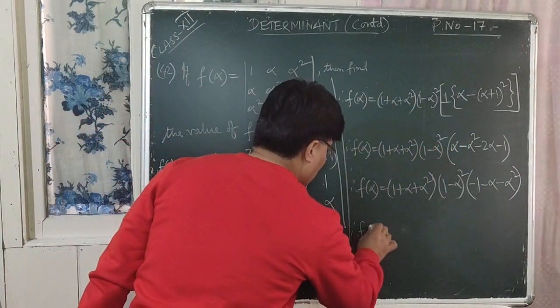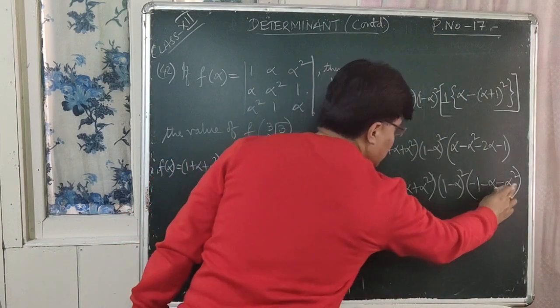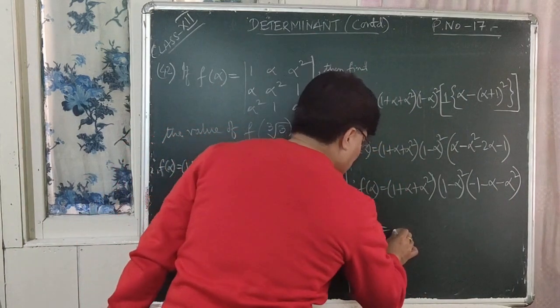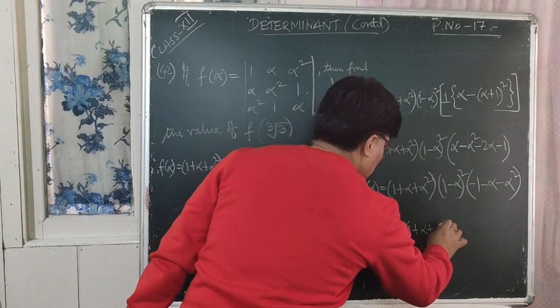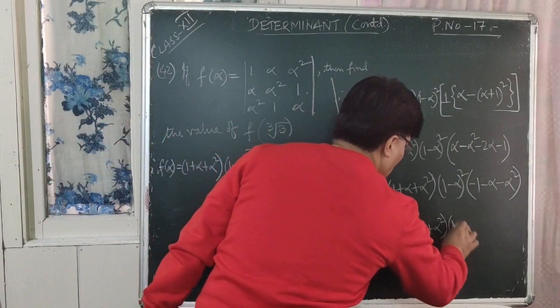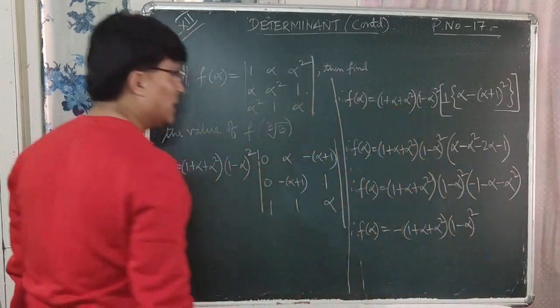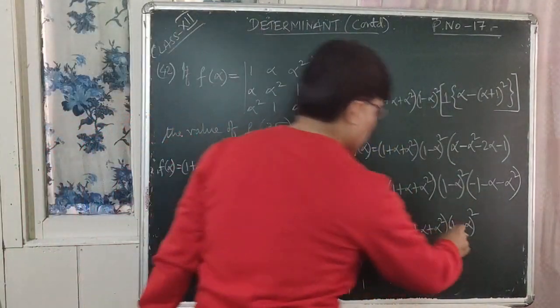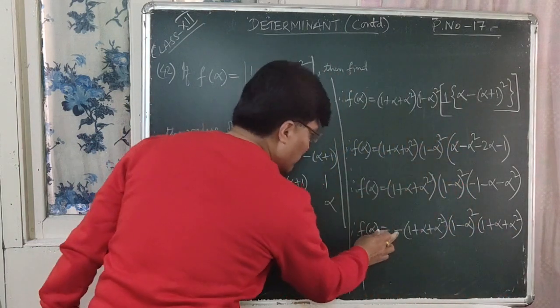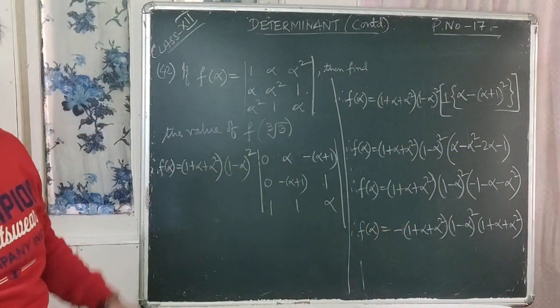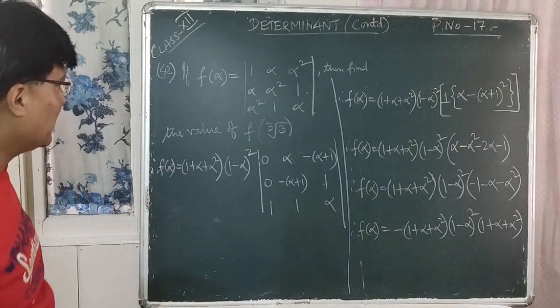So therefore f of alpha is equal to, here minus is taken common, write it outside all these factors, 1 plus alpha square 1 minus alpha whole square, then what do we write? It is 1 plus alpha square, because here minus is taken common from that last factor, right?